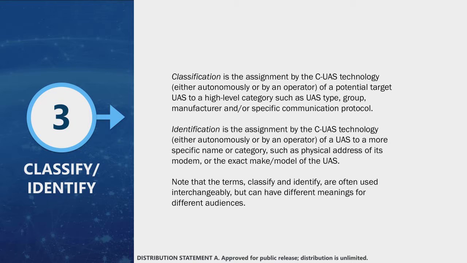So classification and identification are often used interchangeably. It's just a matter of knowing which one to use when. Classification is the assignment by the counter UAS technology or an operator of a potential target UAS to a high level category, such as type or the group, like 1 through 5 that we discussed earlier.